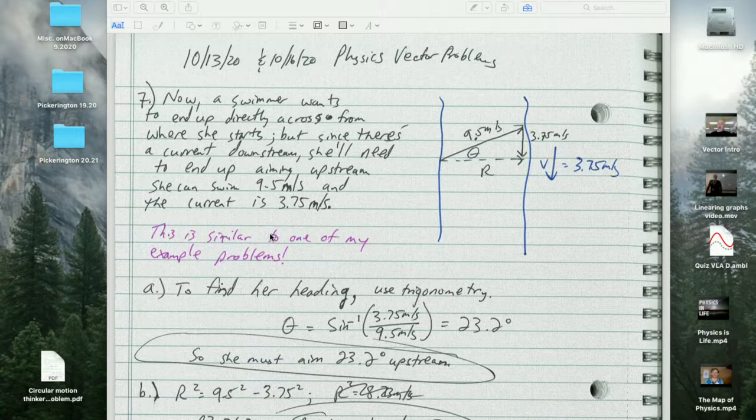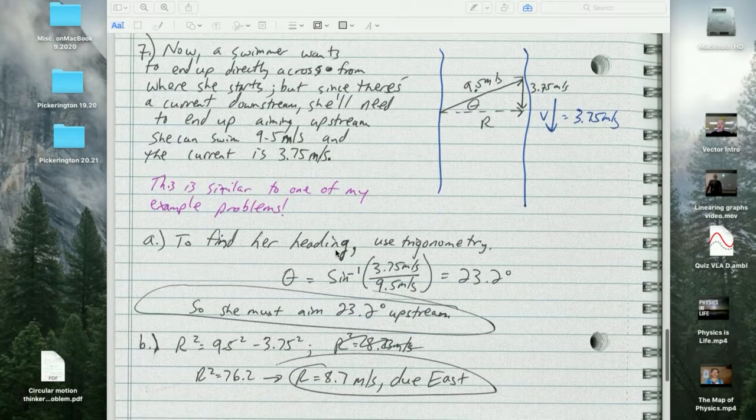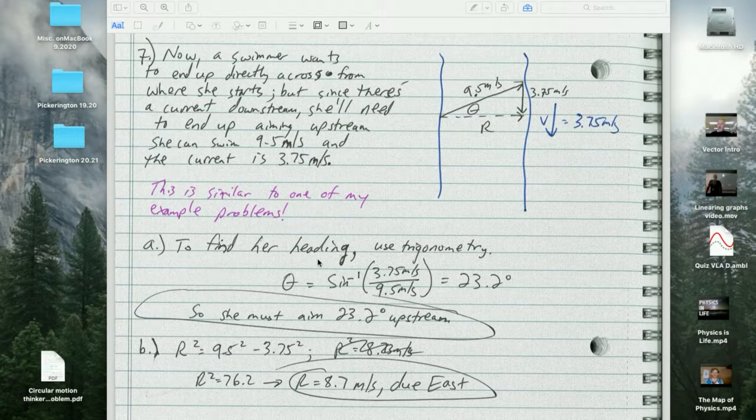So this one is pretty similar to one of my example problems that I did in my lecture. To find our heading, we need to use trigonometry. So that's inverse sine of 3.75 over 9.5. So opposite over hypotenuse, and that's 23.2 degrees. So she should aim 23.2 degrees upstream to end up over here.